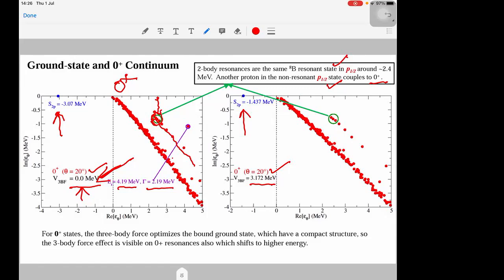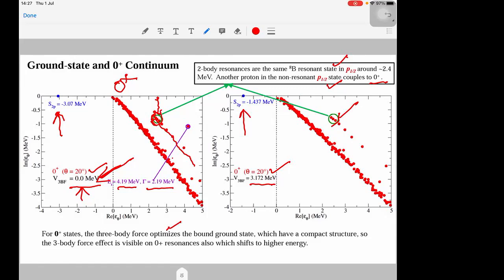But these two body resonances remain unaffected. They are not affected by the three body force because these are the two body resonances. Now, let me make one general statement from these results. For 0+ state, the three body force optimizes the bound ground state.